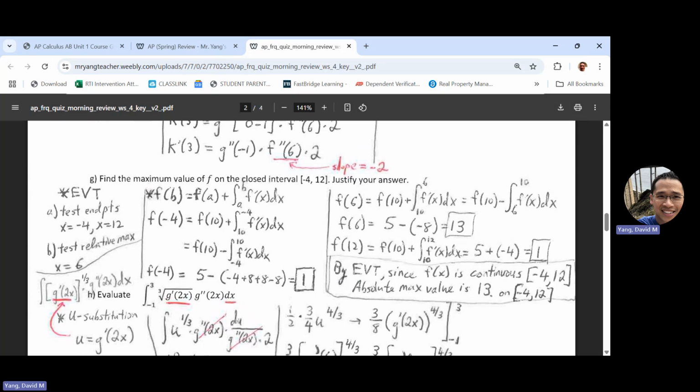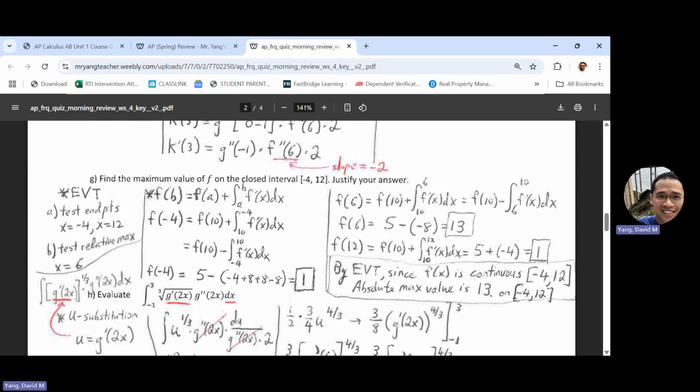The order is off. So after I write my definition, I'm changing the bounds and pulling the negative out. And then I'm just adding up those areas between -4 and 10. So -4, because below the x-axis, +8, +8, -8. Combine that, I get 1.